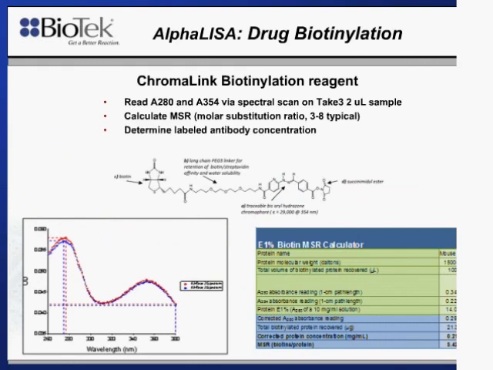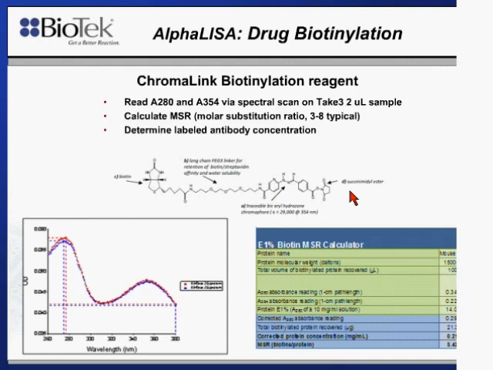And this particular label has a chromophore on it that allows us to easily quantify the substitution ratio, or how many moles essentially of label we have on our protein. And at the same time, we're able to read our absorbance at A280, which is not interfered with by the labeling reagent, and we can determine our protein recovery.